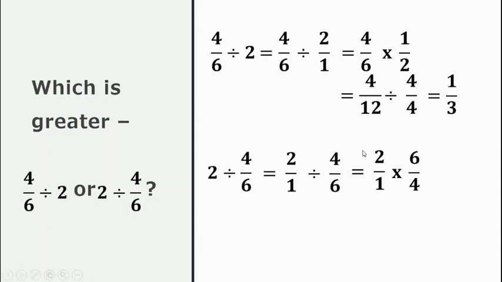Division will change into multiplication. And your second fraction, 4/6, would be converted into its reciprocal. So we got 6 over 4. So we need to multiply it. 2 times 6, we got 12. 1 times 4, it's 4. So we got 12 over 4. 12 divided by 4, we got 3.